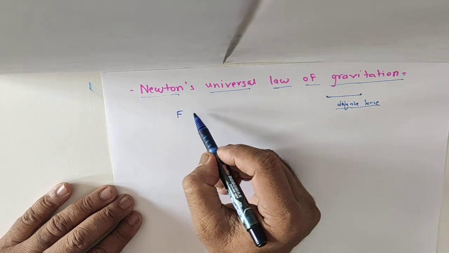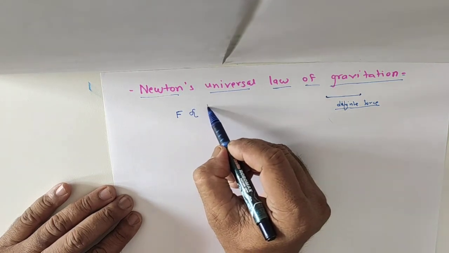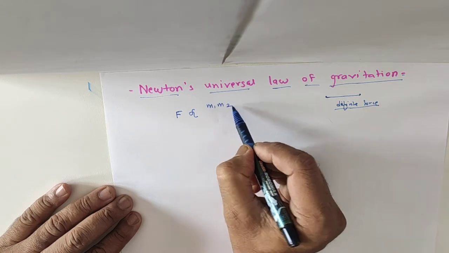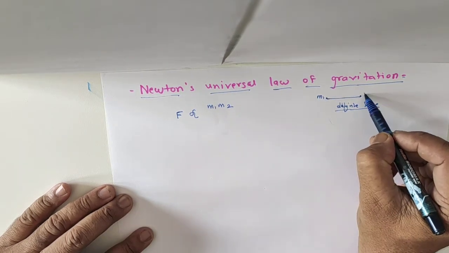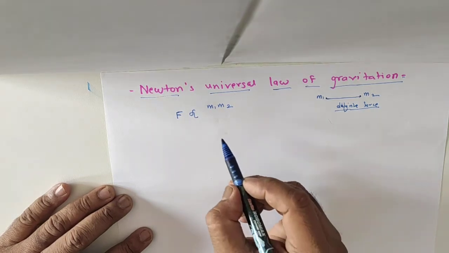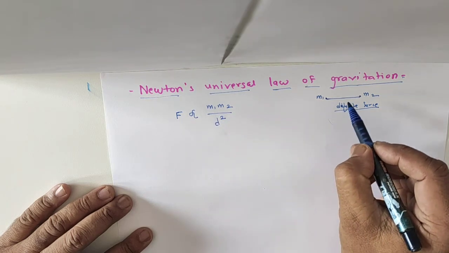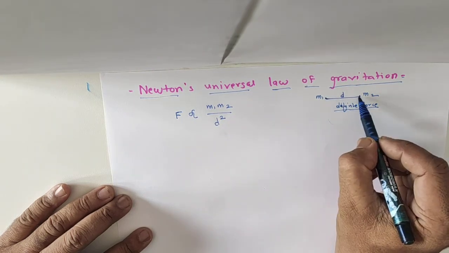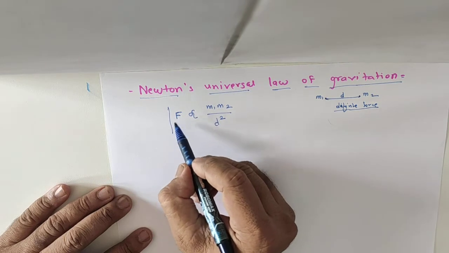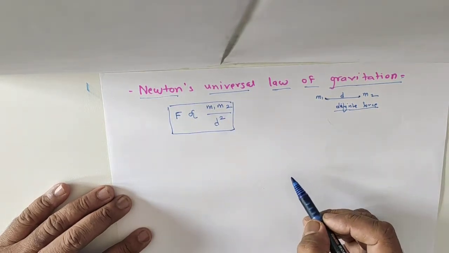this force is directly proportional to the product of masses. Suppose m1 and m2 are the two masses of the two objects, and inversely proportional to the square of the distance between them. F is directly proportional to m1 m2 upon d square.